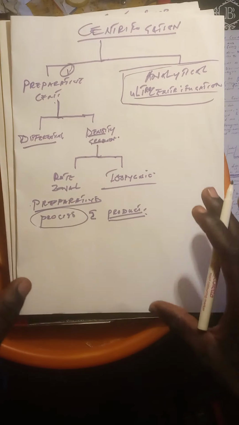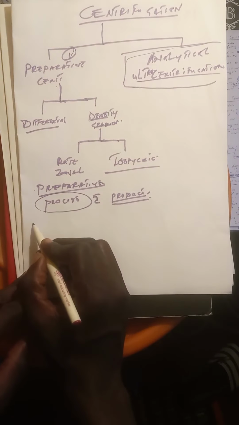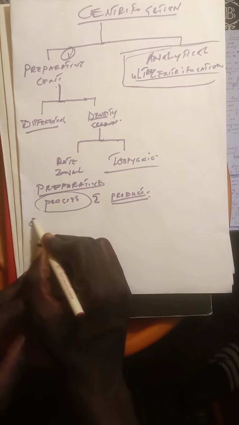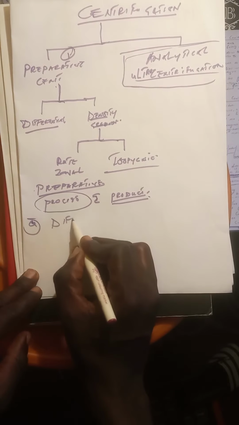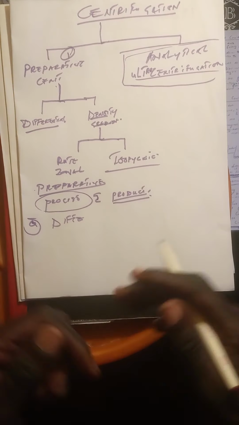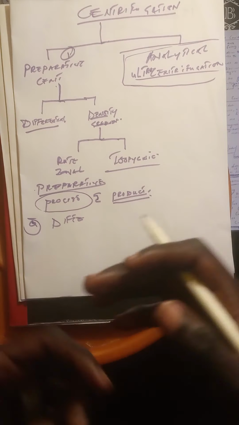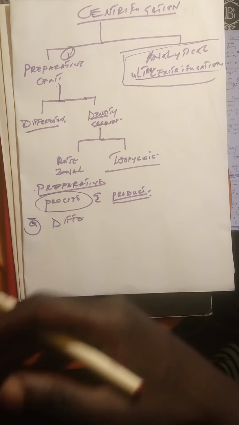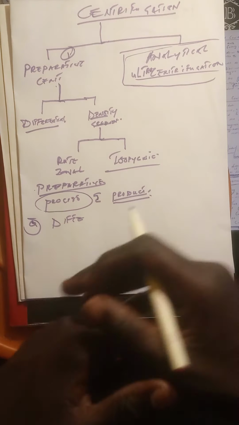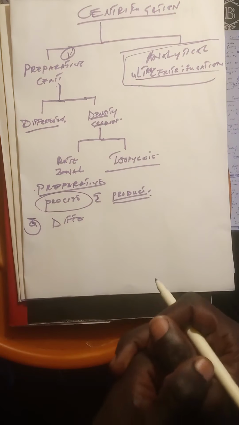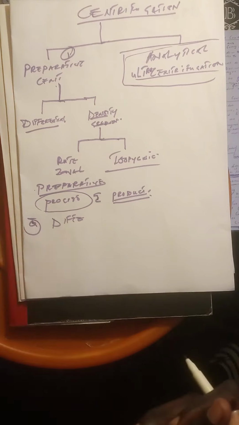So with differential, the first one, what we can explain here is first we know what the basic components of centrifugation are. You get the tube, you put in the sample to be separated, then you subject it to centrifugation.